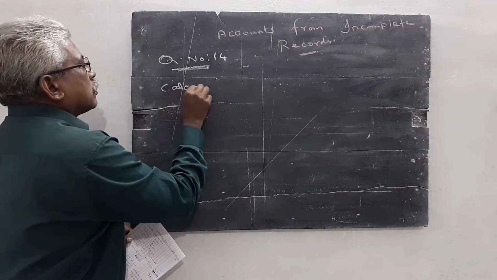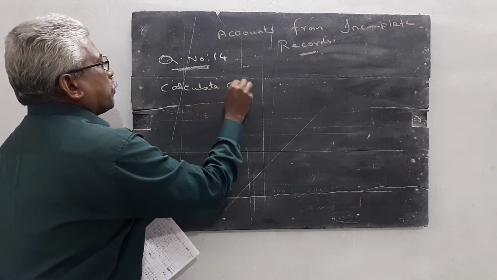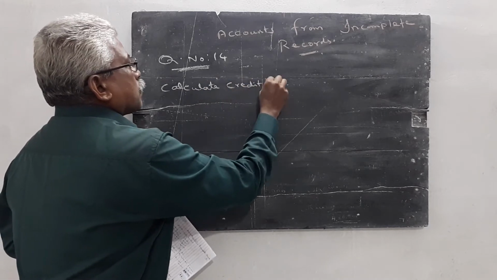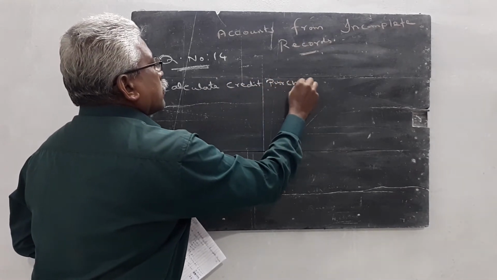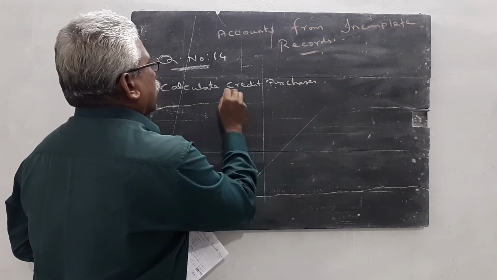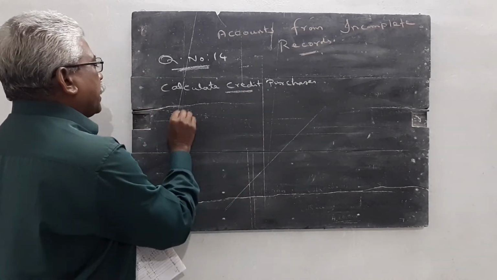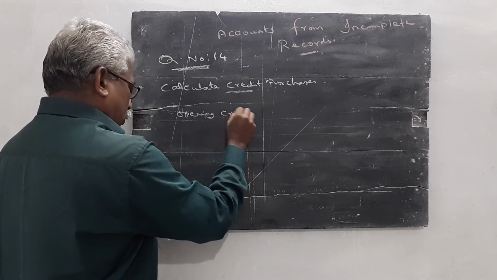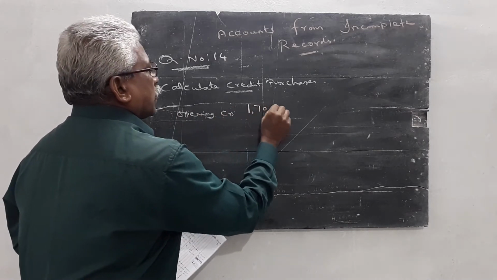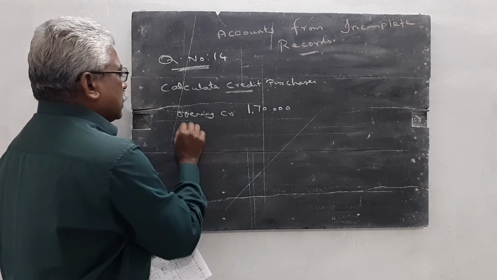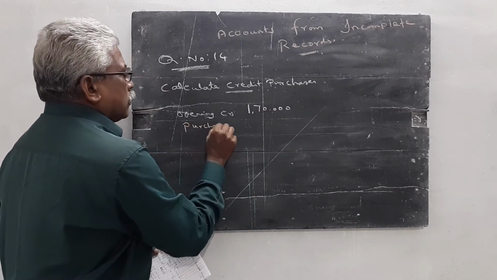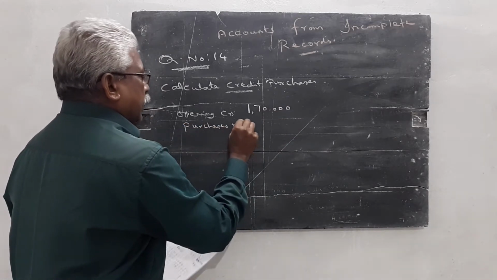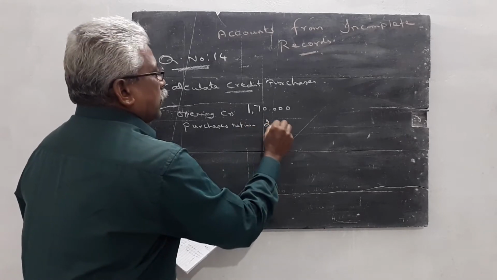Calculate credit purchases. Opening creditors rupees 1,70,000. Purchases return 20,000.